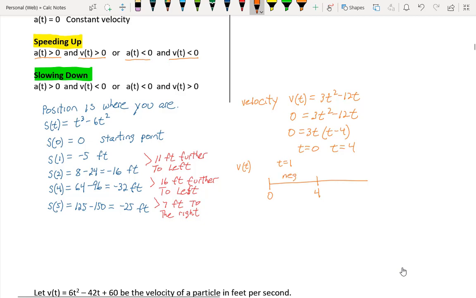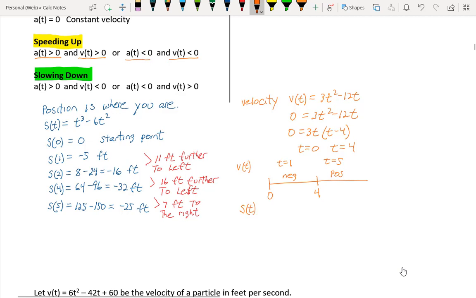If you plug in 5, you can see that, what do we got? We got 3 times 25 is 75 minus 60. This is definitely going to be positive. If we do t equals 5, this is positive. Well, what's that telling us? It's telling us something about its antiderivative, s of t, the position function.